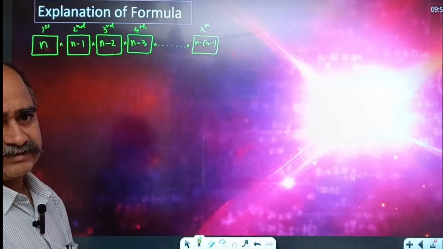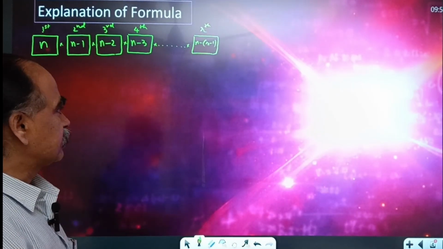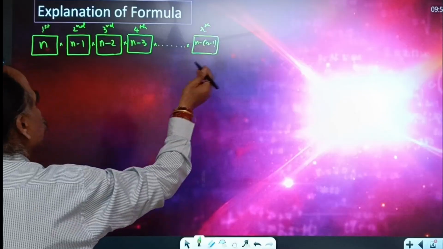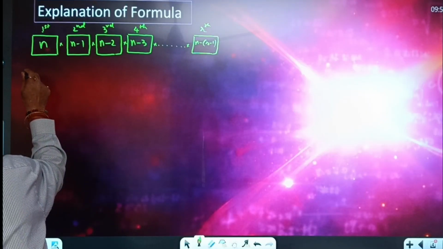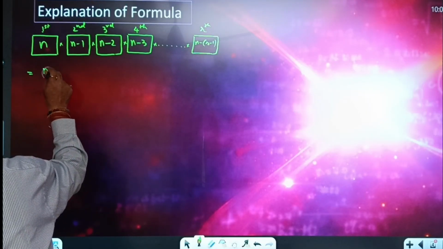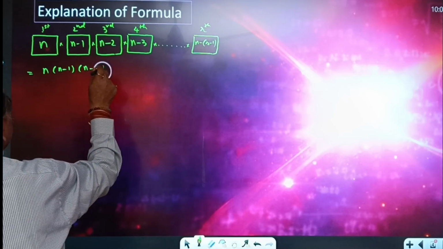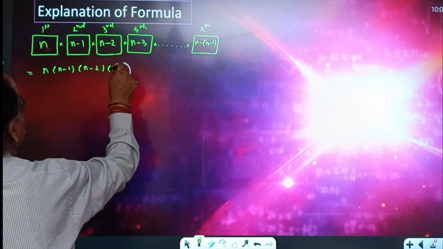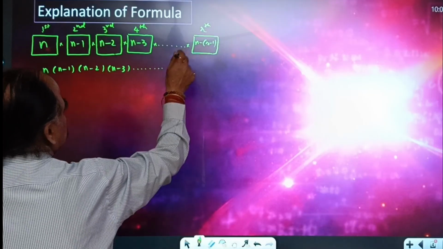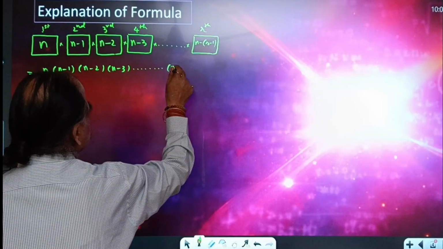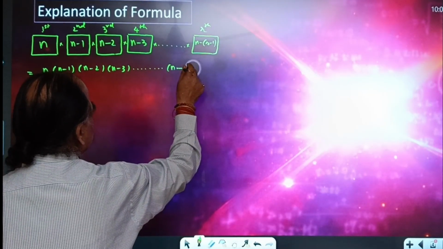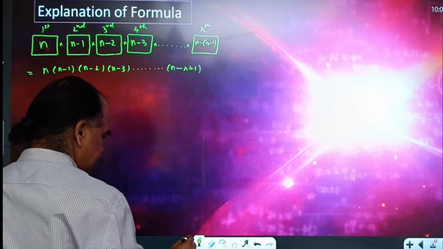This is our answer, but I have to convert it into factorial notation, so I have to multiply some more. n into n minus 1 into n minus 2 into n minus 3, simplifying to n minus r plus 1.